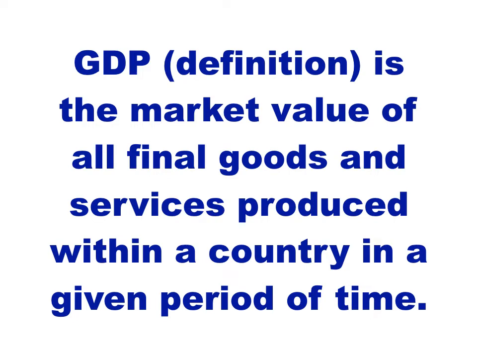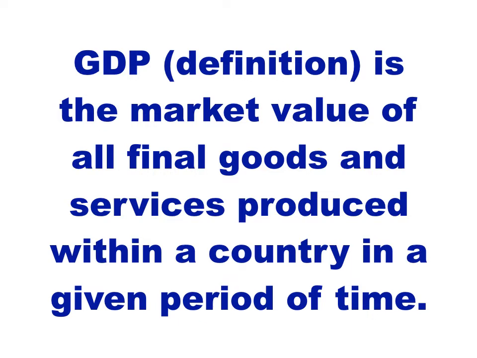We see that this is measurements within a country. We've already talked about the difference between GDP and GNP. So we already know that GDP means within a country. And it is in a given period of time. Of course, that means that GDP is a flow variable.